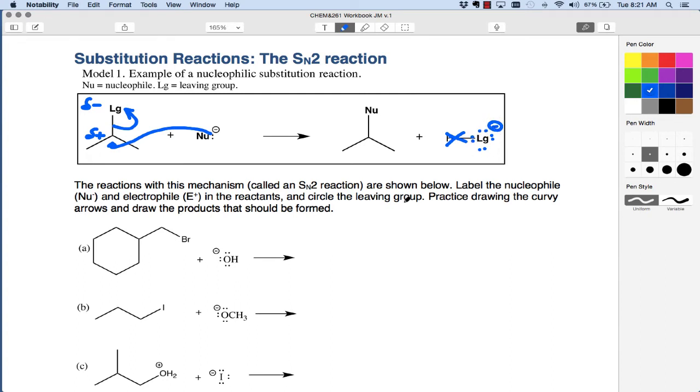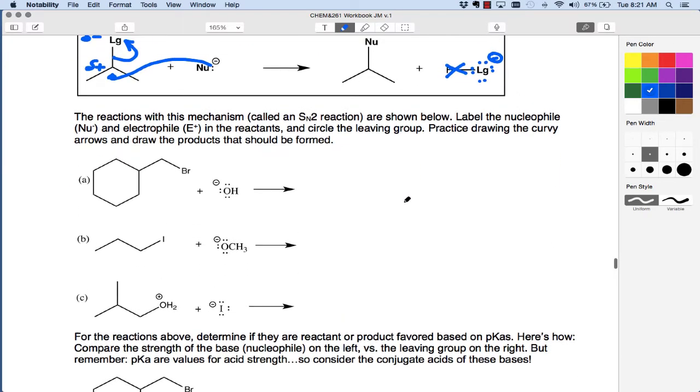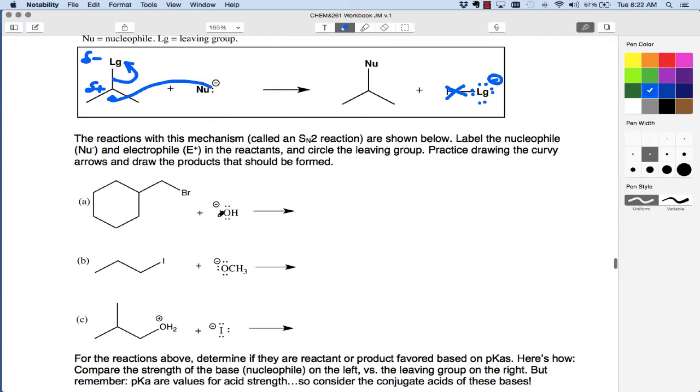All right, so let's take a look down here. Basically, this is practice with the mechanism. Identify the nucleophile, so we can see the nucleophile is our Lewis base, and here's our electrophilic carbon right here. So we're going to show, here's my electrophile, and we're going to show the mechanism with the curvy arrows. So this comes in and attacks, and this leaves.